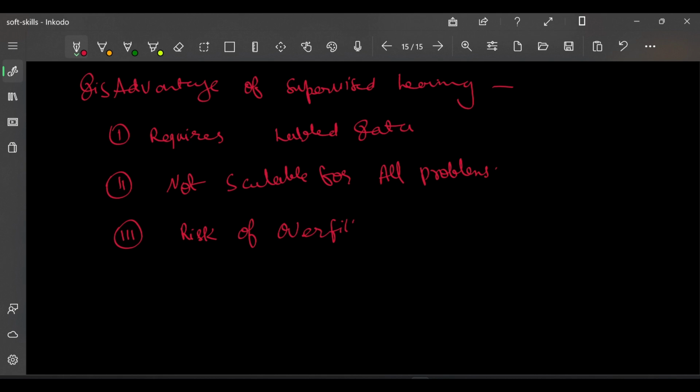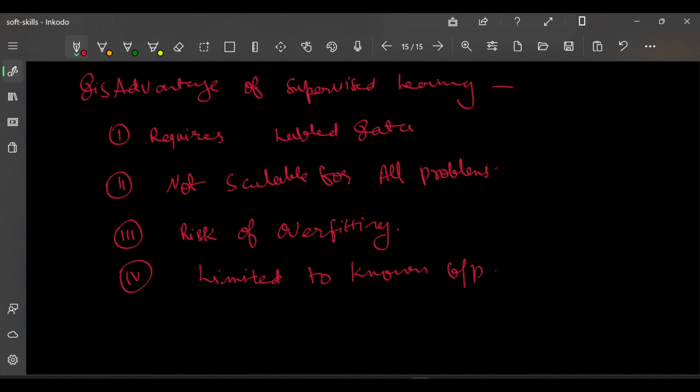The model might memorize training data instead of learning general patterns, leading to poor performance on unseen data. The fourth disadvantage is limited to known outputs.